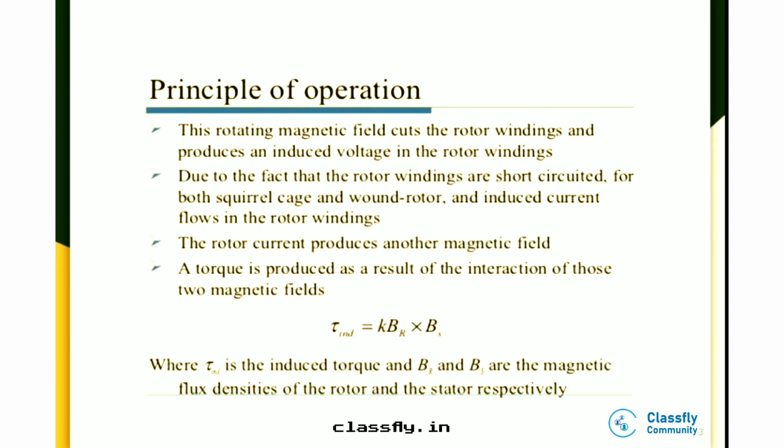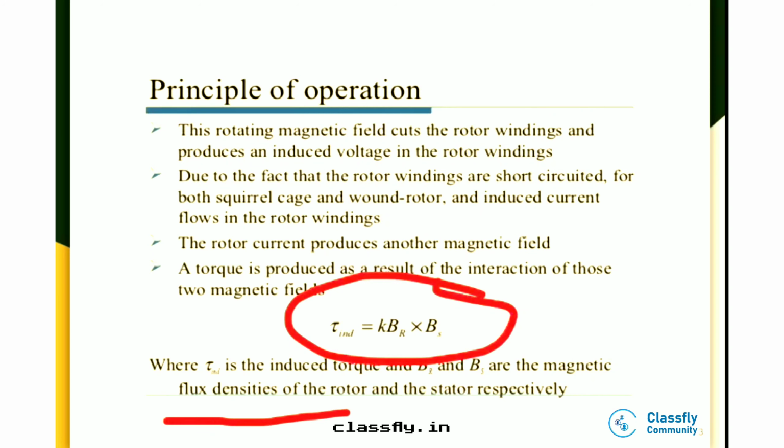That's why rotor windings are short circuited in the squirrel cage and the wound rotor, which produces a rotor current, and that rotor current again produces another magnetic field. Due to that, a torque is produced due to the interaction of the magnetic flux of the rotor and the stator, which is denoted as torque induced equals K Br into Bs, where torque ind is the induced torque and Br and Bs are the magnetic flux densities of the rotor and stator.